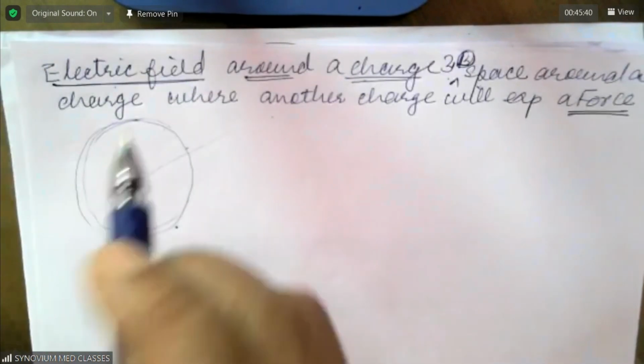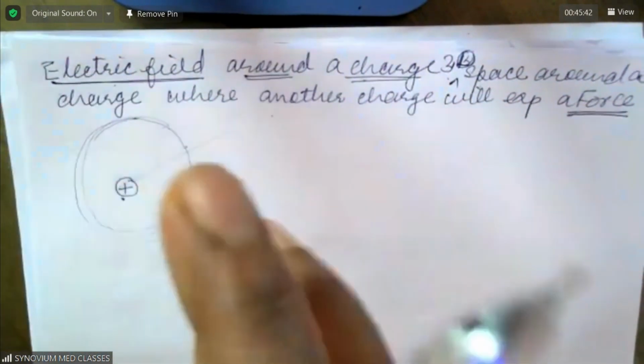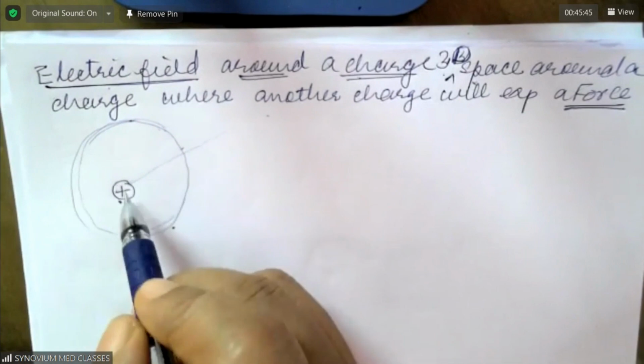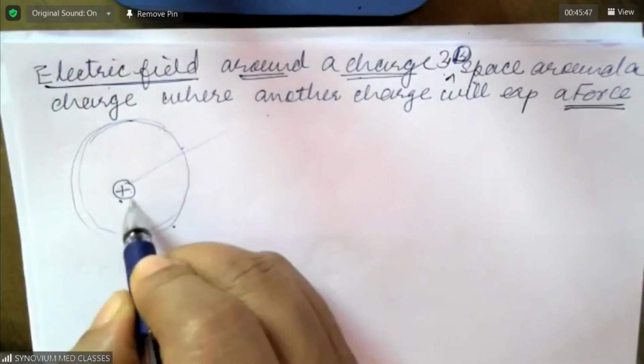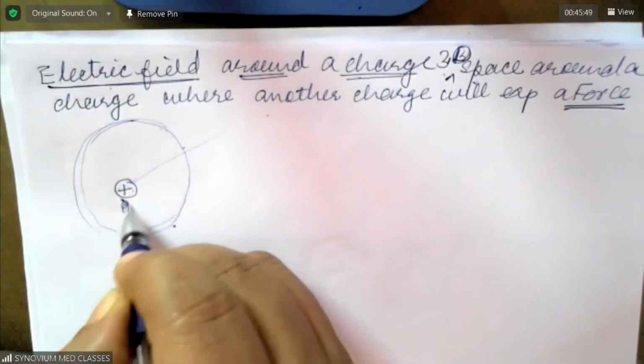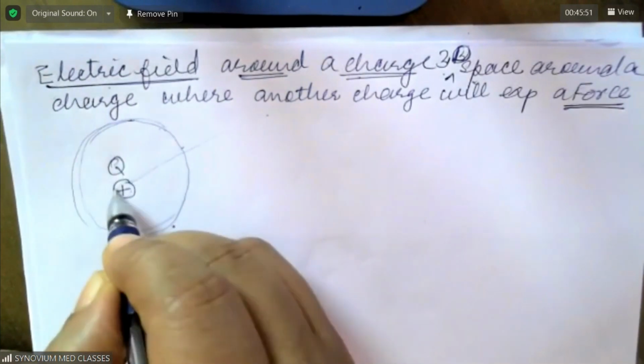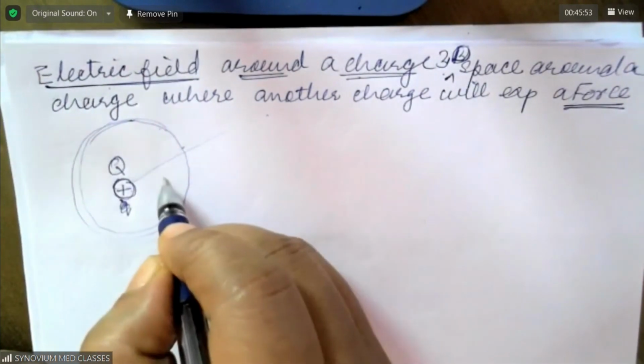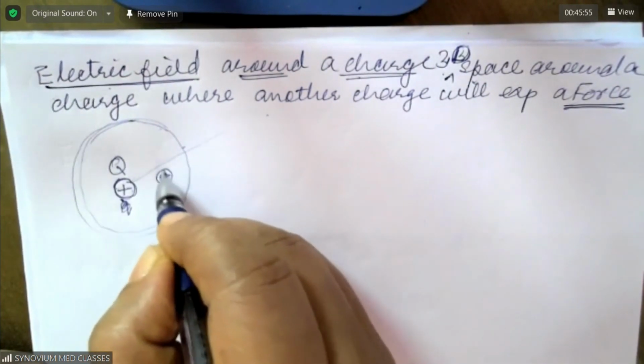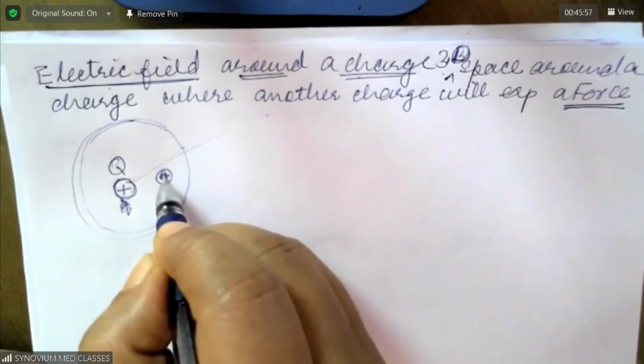But you can imagine that it's a three-dimensional space near a charge where another charge, if you place. Let this be say capital Q, a big charge, and I placed a small positive charge over here.